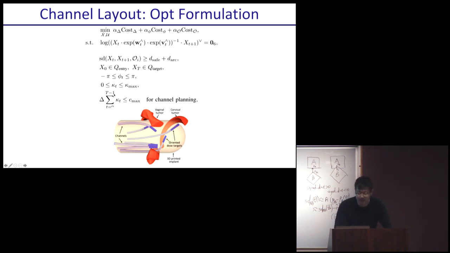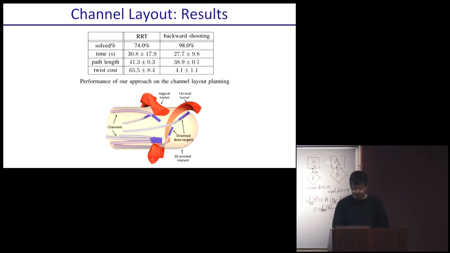We relax the constant curvature. Previously kt is equal to kmax, right? So here kt is smaller than kmax, larger than k0, and we have one more constraint, that is the sum over delta kt is smaller than cmax for the channel planning. Previously it's one needle and here is a channel.